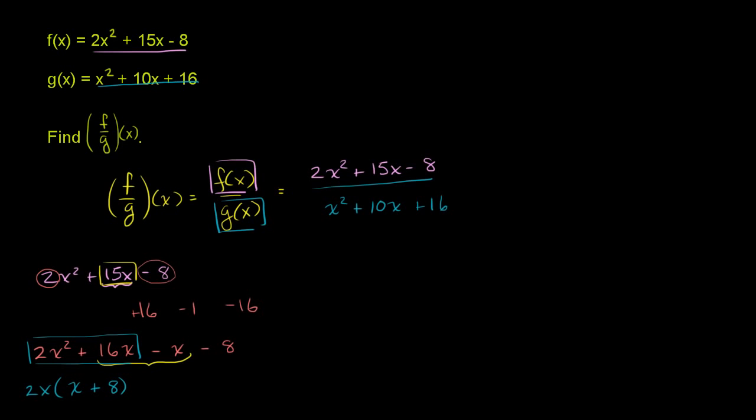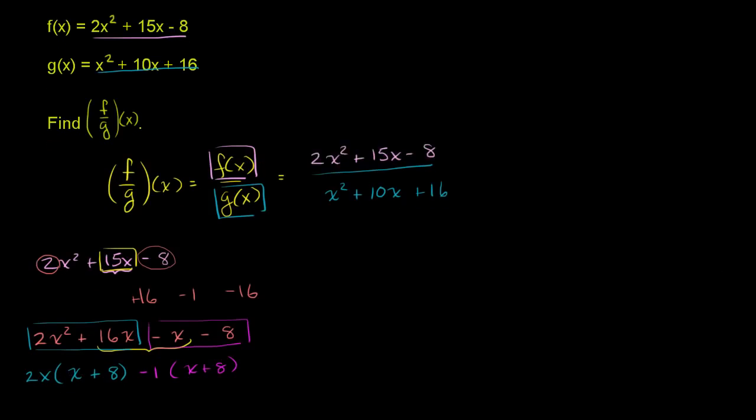And then these second two terms right over here, and this is the whole basis of factoring by grouping, we can factor out a negative 1. So this is equal to negative 1 times x plus 8. And what's neat here is now we have two terms. Both of them have an x plus 8 in them, so we can factor out an x plus 8.